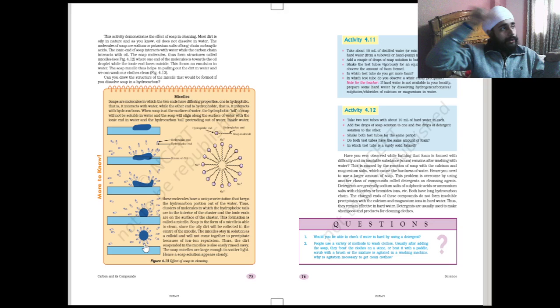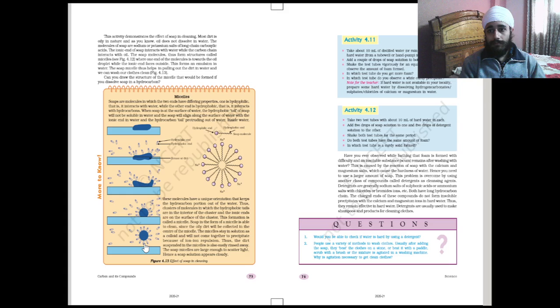Now, activity 4.11. Take 10 ml of distilled water or rainwater, and 10 ml of hard water, that is from a tube well or a hand pump, in separate test tubes.